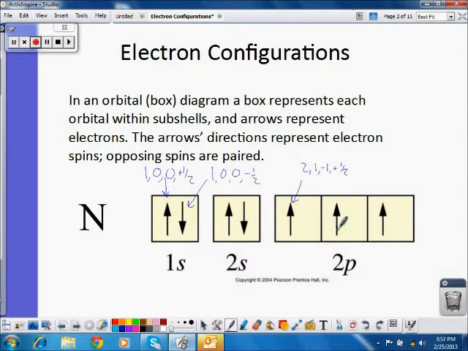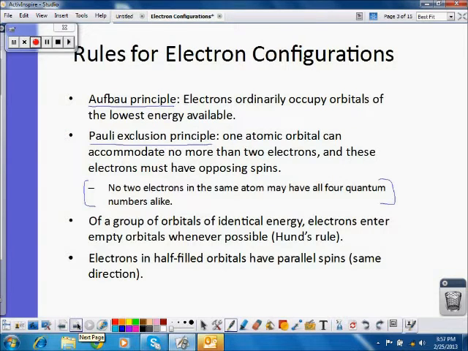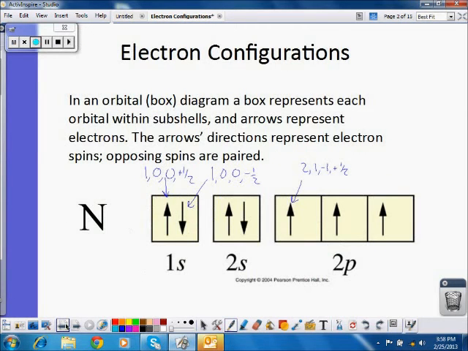Hund's rule is also known as the bus seat principle, because if you get on a bus full of a bunch of people you don't know, you'll sit in an empty seat before you sit next to someone that you don't know. And then, I just mentioned this, electrons in half-filled orbitals also have parallel spins, which means if they're by themselves, they all spin in the same direction. Typically, we show them as being up, but in this diagram, we could have all 3 of those pointing down, and that would be valid as well.